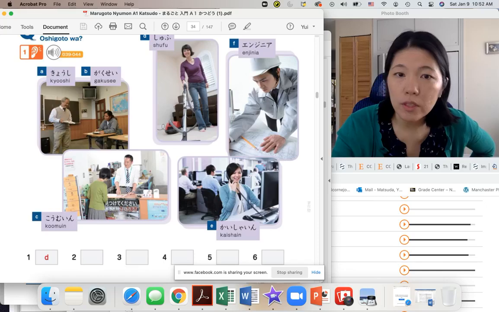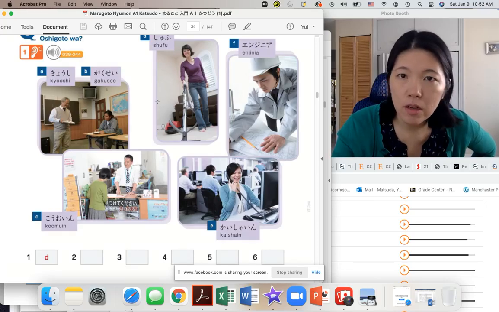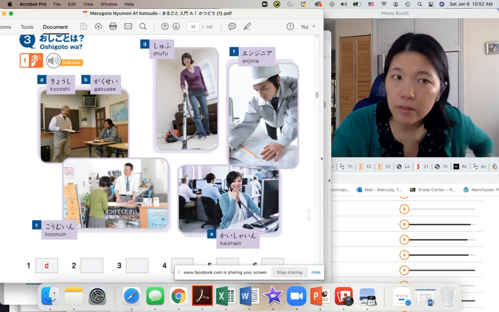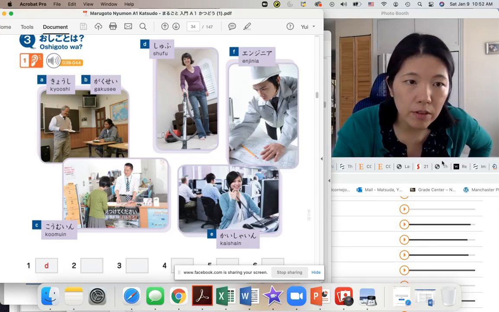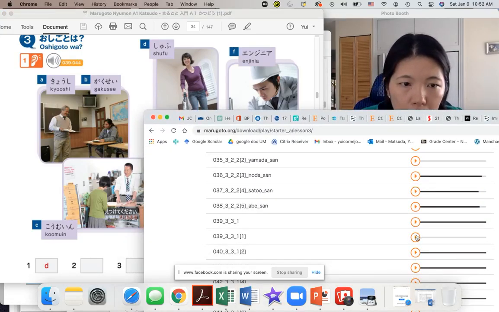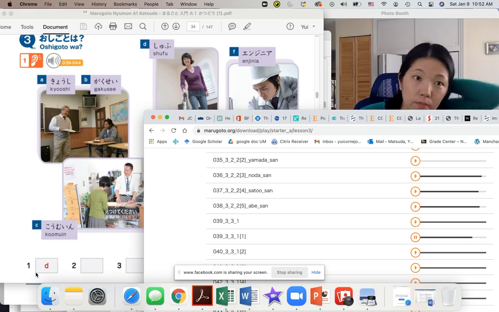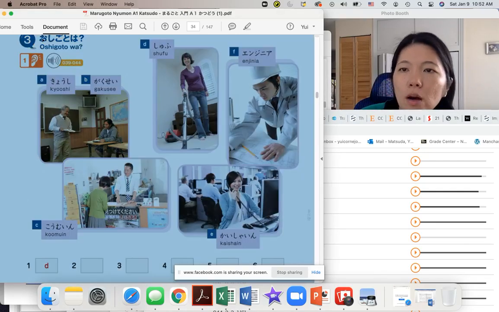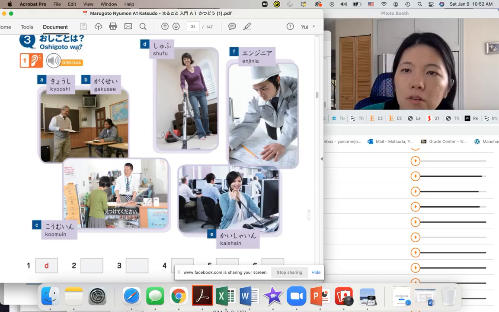So let's hear this. You have these 6 options, and by listening, figure out what this person is doing. 1、お仕事は？私は主婦です。Okay, so お仕事は what is your job? What is your occupation?